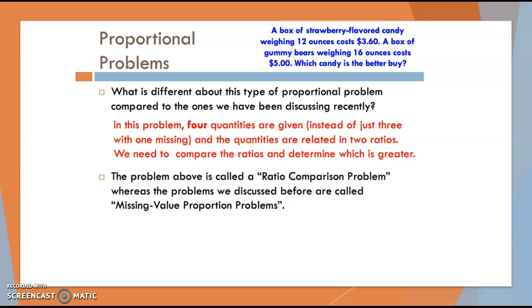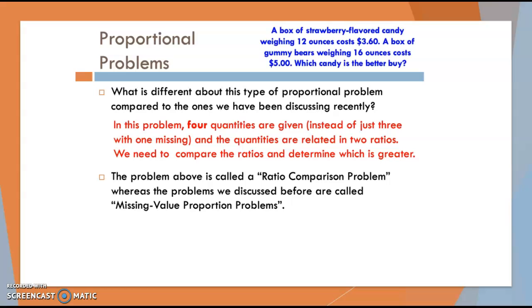What is different about this type of proportional problem compared to the ones that we've already discussed recently? So in this problem, 4 quantities are given instead of just 3, with 1 missing. Proportional problems, and the quantities are related to 2 ratios. So we need to compare the 2 ratios and then determine which is greater.